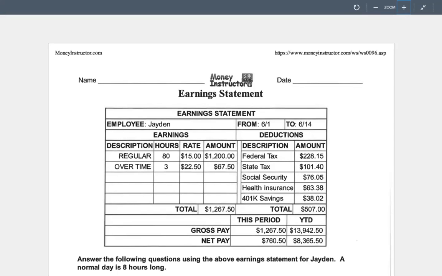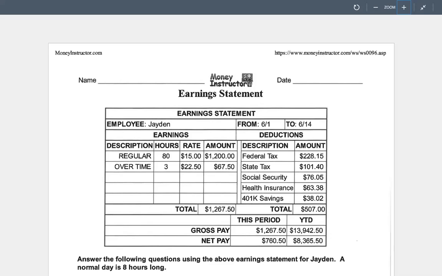Then overtime is anything that you work over those 40 hours a week. So anything over 40 hours. Now, it's important to know about overtime because employers pay a different rate, which is a better, higher rate of pay. You get paid more when you work hours that are considered overtime or over the 40 hours.